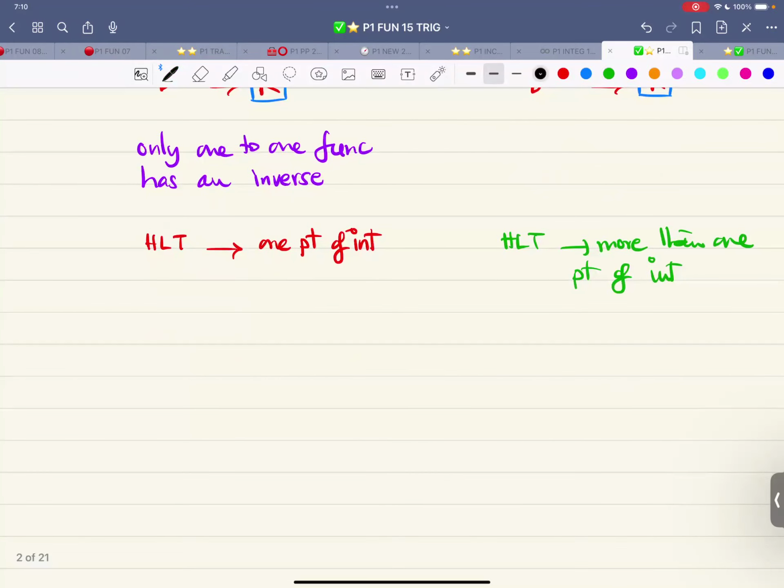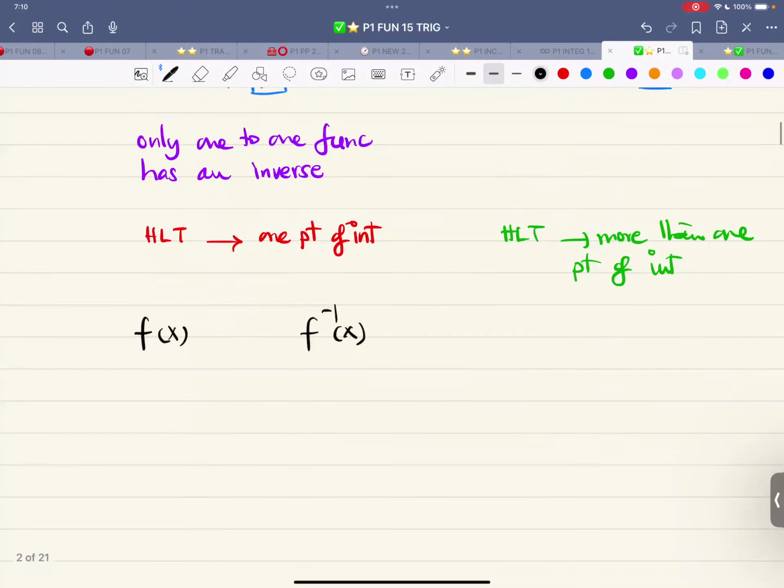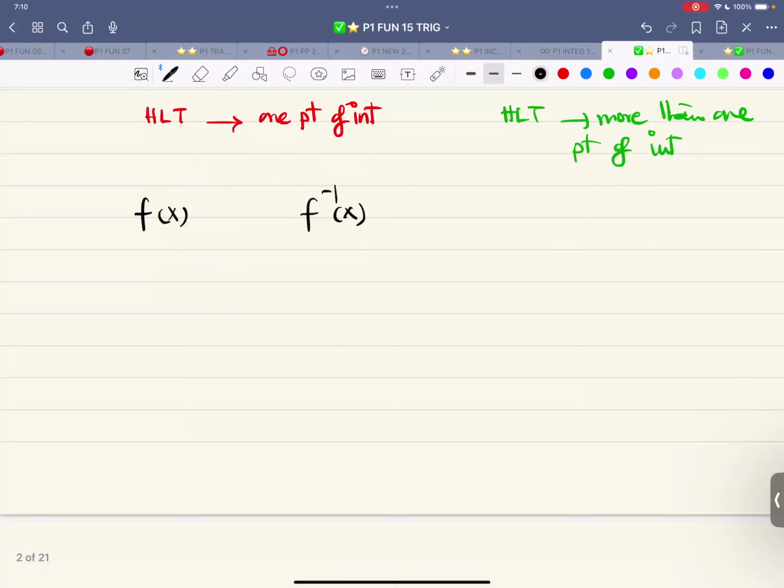We should also be aware of the fact that we have the original function and we have the inverse function. The relationship between the two is reflection in the line y equals x. The domain of the original becomes the range of the inverse.